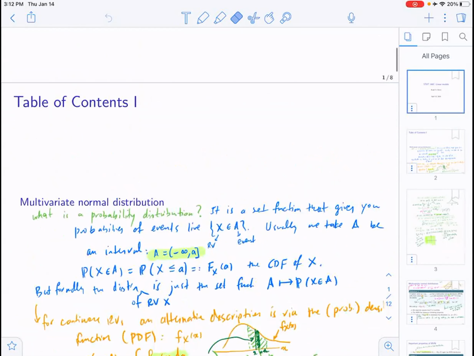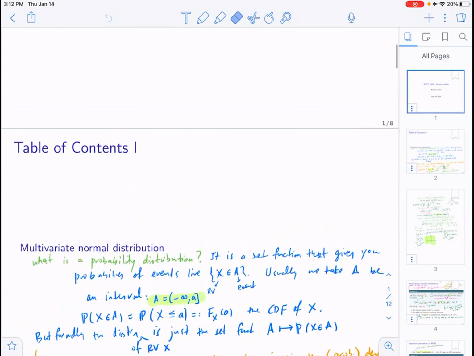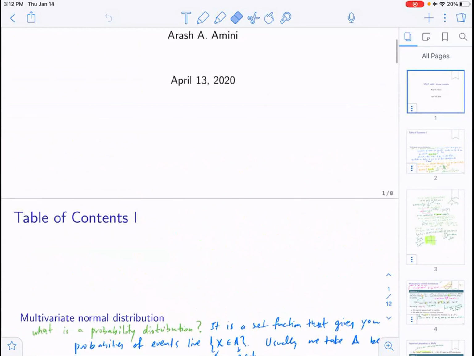So what is a standard normal distribution, if you recall? Would you want the PDF? Whatever you can give me. So let's say I have a random variable X. X has a standard normal distribution.